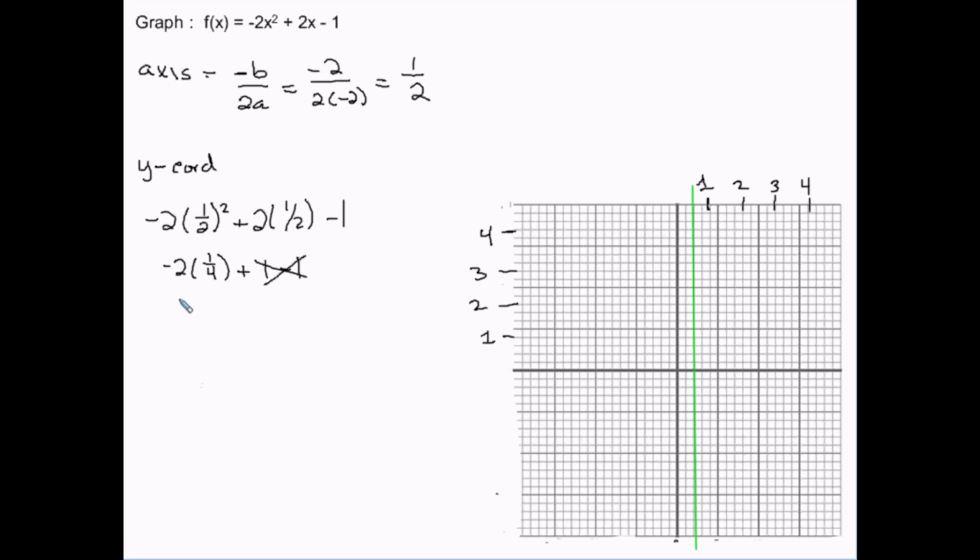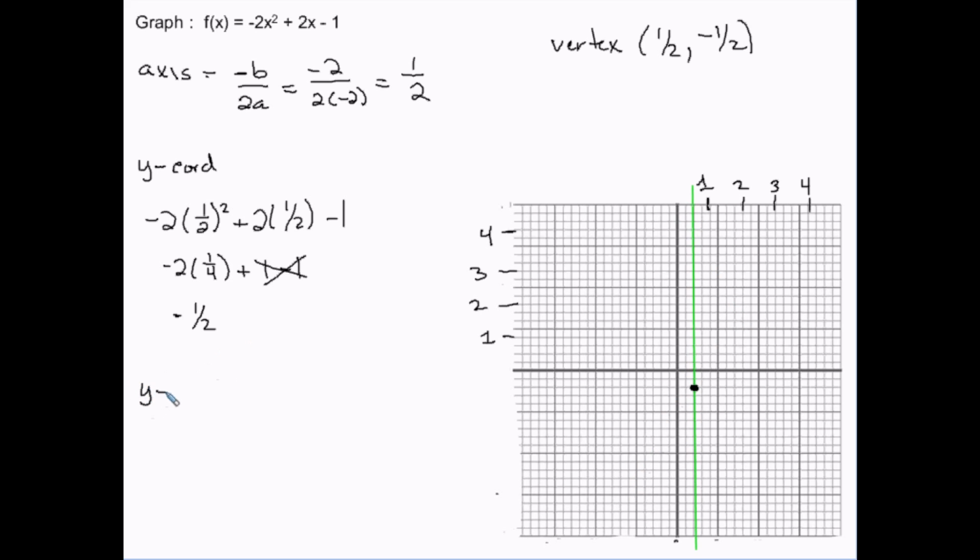Those will cancel each other out. -2 times 1/4 is going to be -1/2. So my y-coordinate, my vertex, is 1/2, -1/2. And again, that's okay because I made each line a quarter, so that's just 2 places. So -1/2 will be right here.